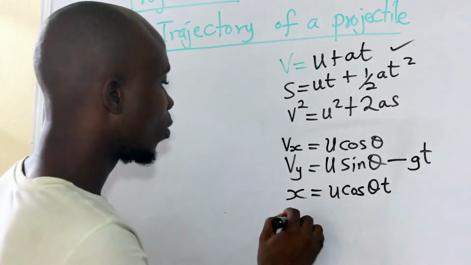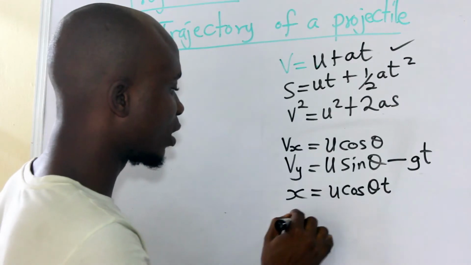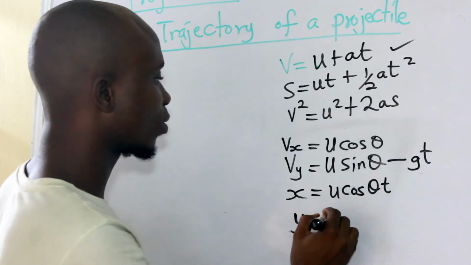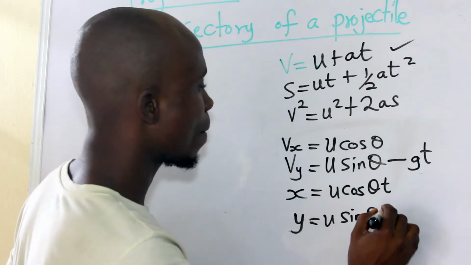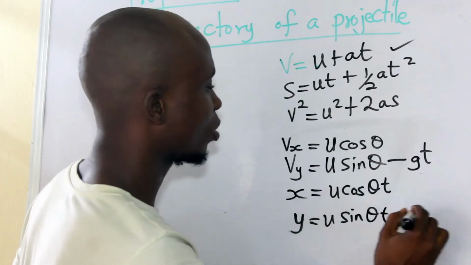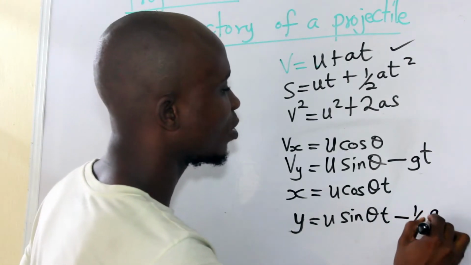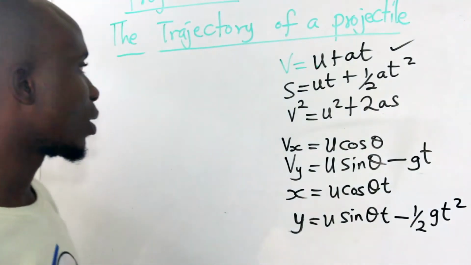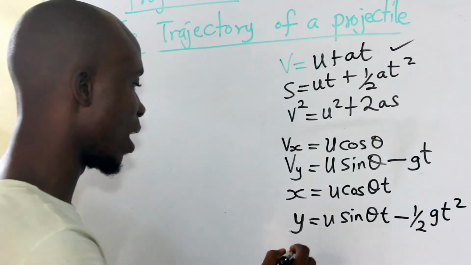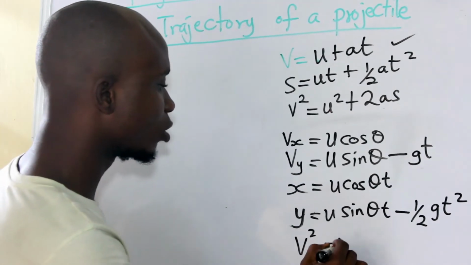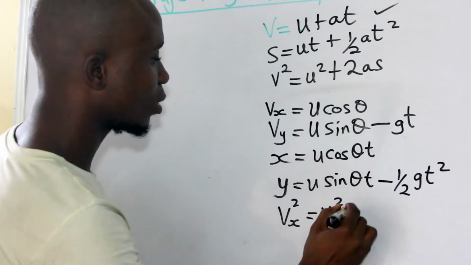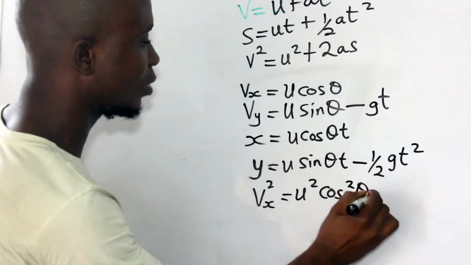Now, for the vertical distance, we have u sine theta t minus half gt squared. Then finally, on this equation, we have vx squared equals u squared cos squared theta.